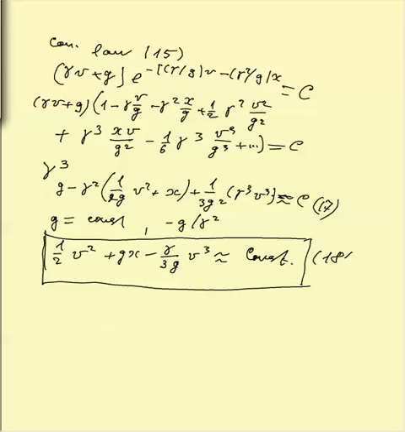You see that the difference of this conservation law from the energy E of the free fall, which was equal to 1 over 2 v square plus g x, is proportional to gamma v cubed.